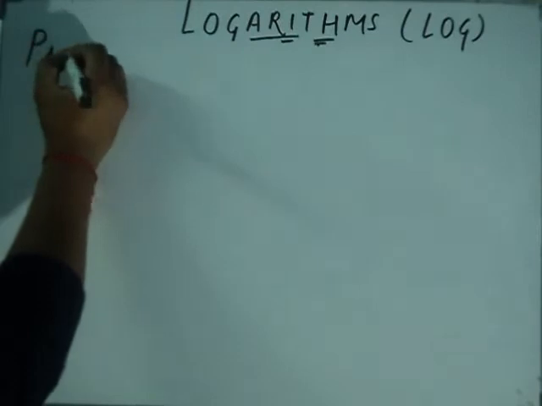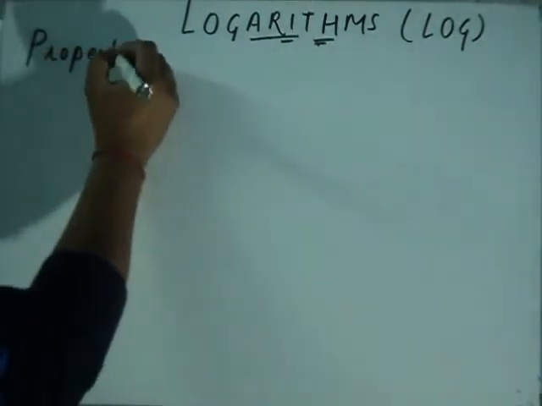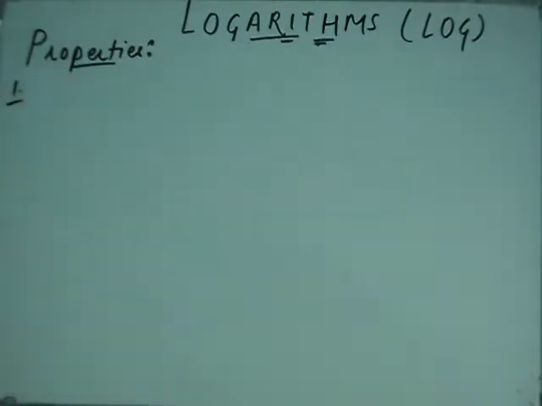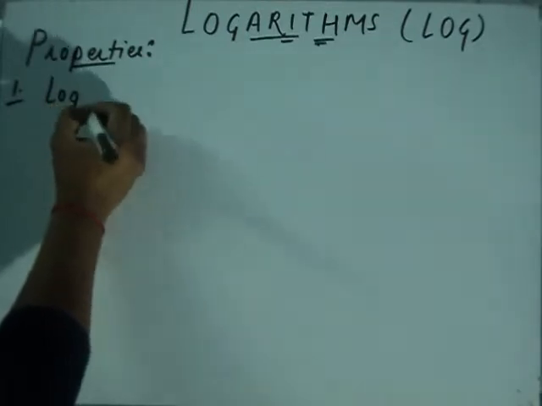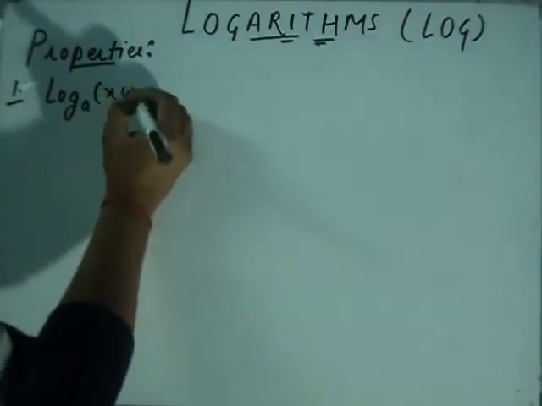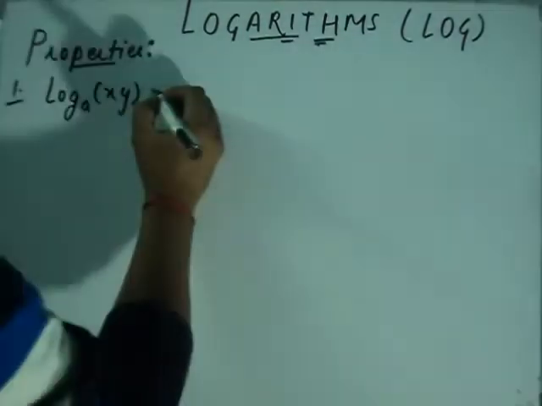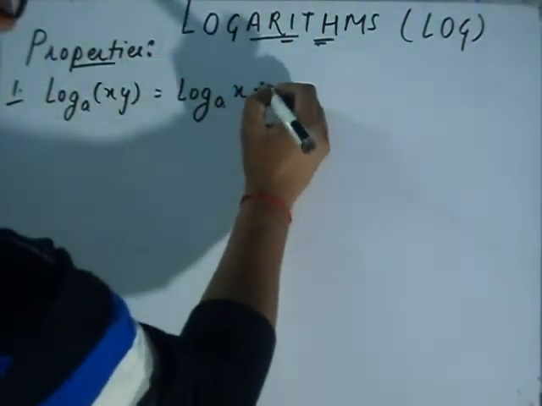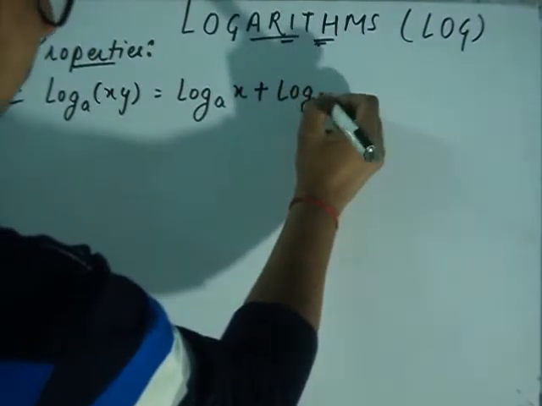Properties. My first property is log a of xy is equals to log a x plus log a y.